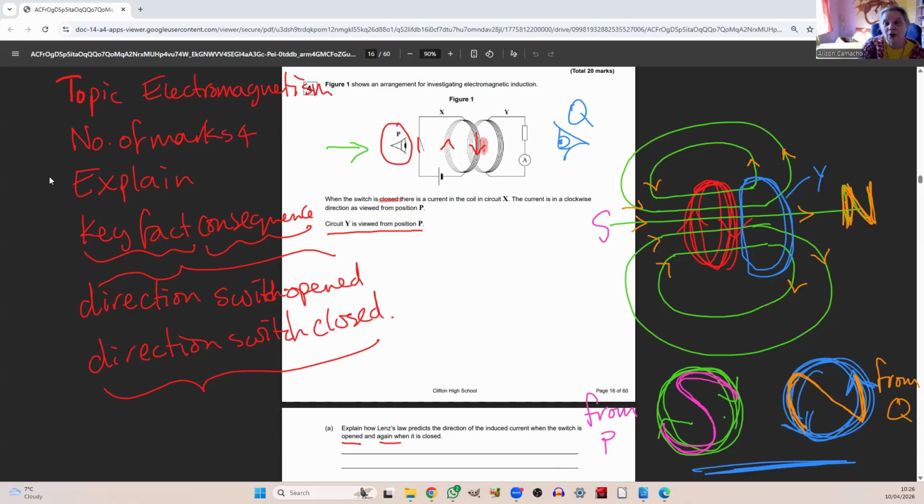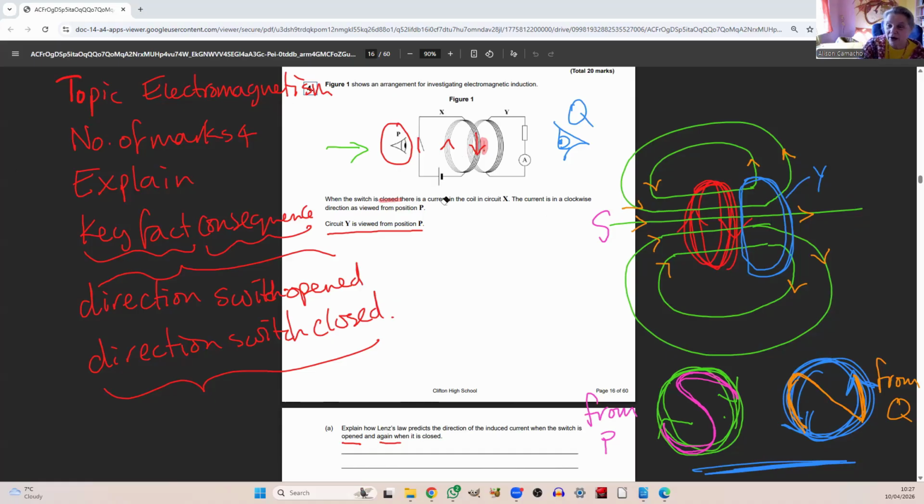And what will happen is that there will be an induced EMF in the Y coil, which will be in such a direction as to oppose the North Pole being made at the right-hand end of the X coil.